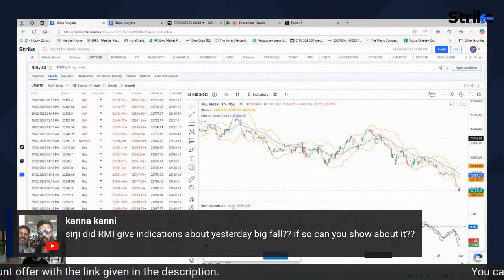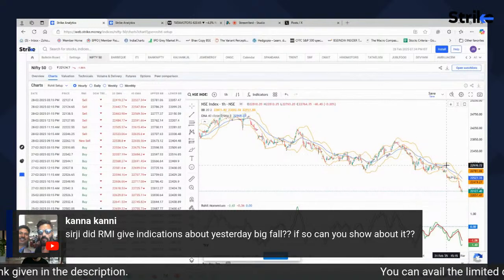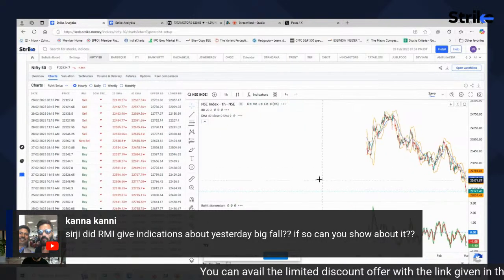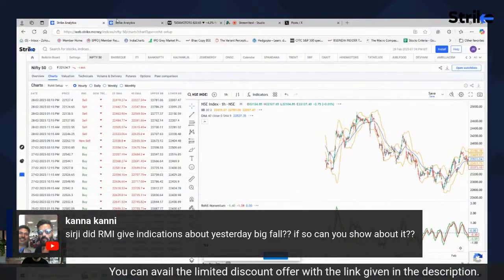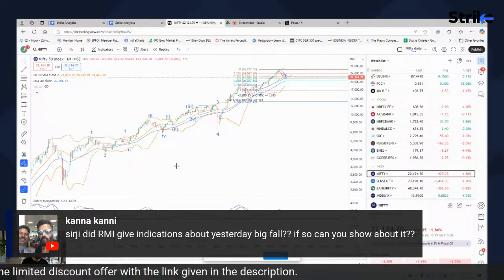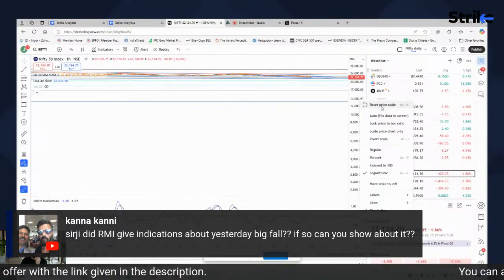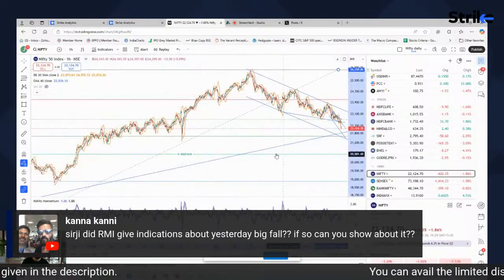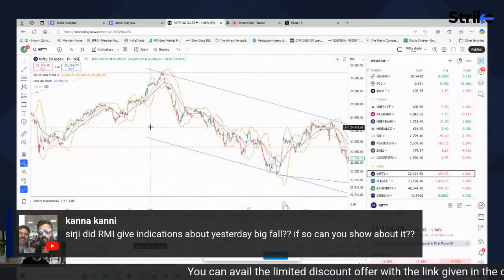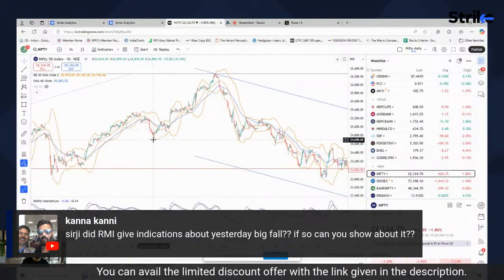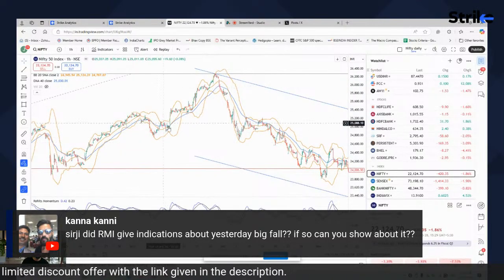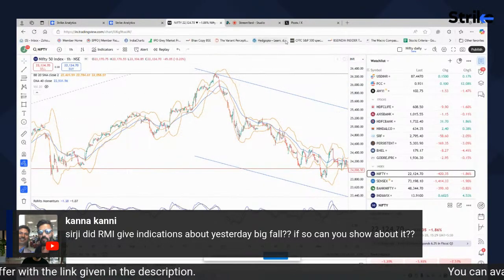But see, the broader idea is that if the index is trading below the averages, you need to avoid. And this same thing was happening when we were seeing a bullish trend. So say for example, the bullish trend. See, when the bullish trend occurs, and we consider it as one move till the time 40 doesn't break, you can see that 40 was holding and the index was rising higher.